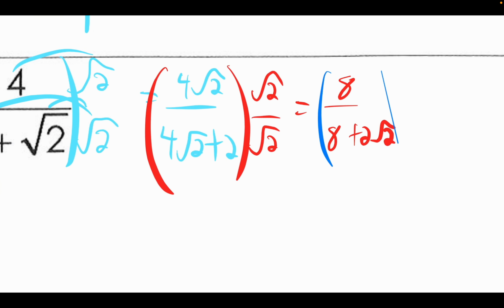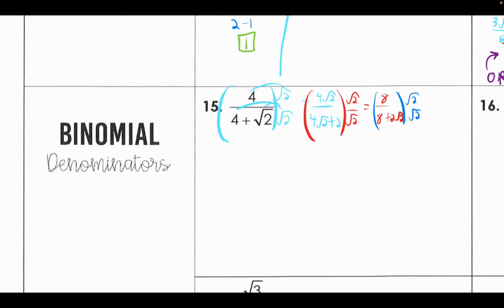And maybe you're like, oh, okay, maybe I'll multiply again by the square root of 2. And you just get caught in this endless loop where you're shifting which term in the denominator has the radical, never actually accomplishing your goal of making it so neither term in the denominator has a radical. So instead of just going in this endless loop and getting frustrated, we're going to have to do something different.